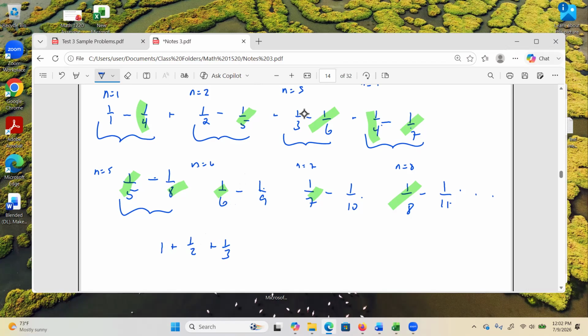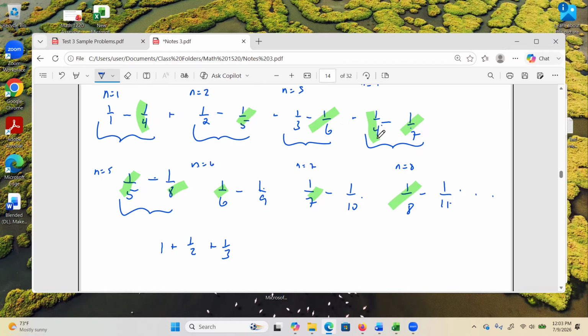I think I have a minus 1/6 in here. No, I don't. We're just done with that. So we have 1 plus a half plus a third. We should have a minus 1/6 in here. No, we're there. That's it. Yeah, 1 plus a half plus a third.